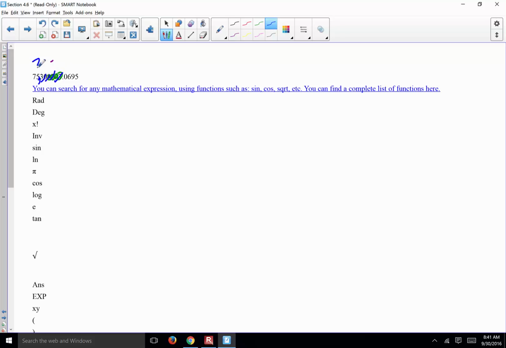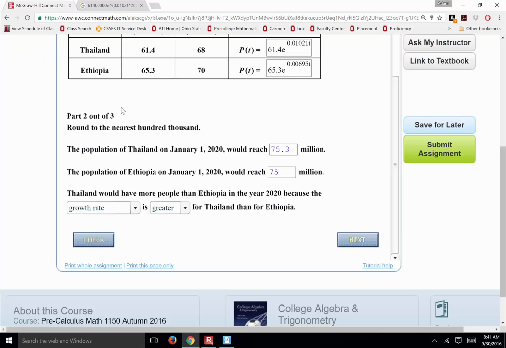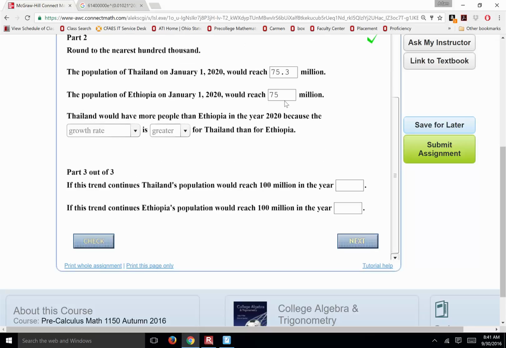And 75.3. Let's read again. Round to the nearest 100,000. They mean the population, not the hundreds or stuff, okay? Let's check again. Yeah, this time we're good.